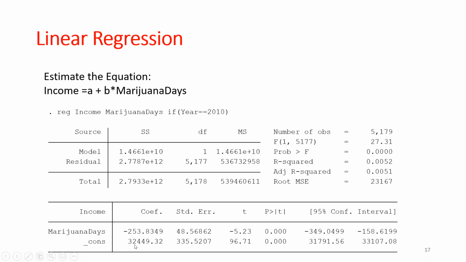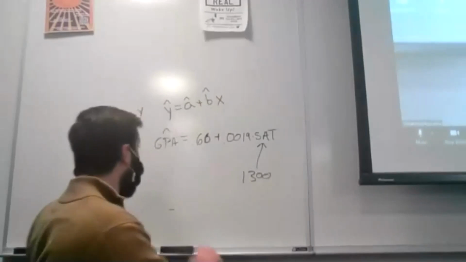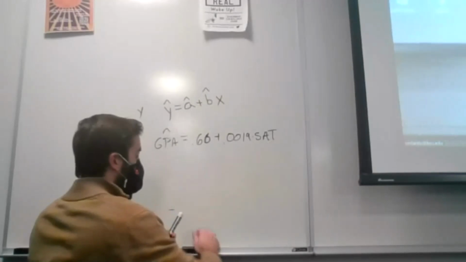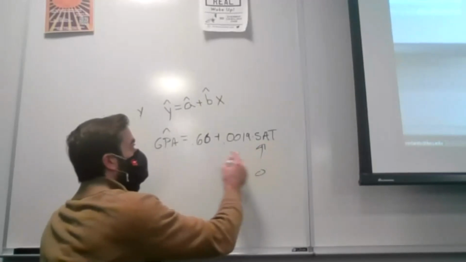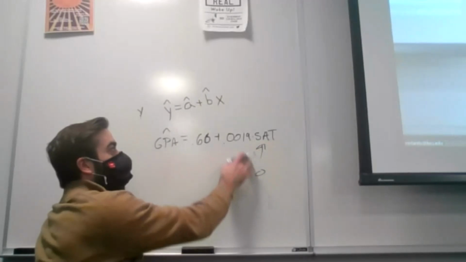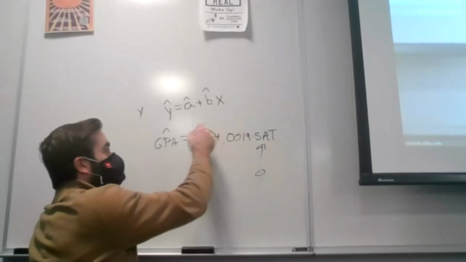The way we interpret the constant here is a little bit different, which is, how do I get my Y value to just be equal to the constant? Well, if I plug a 0 in here, what's the predicted Y value? Well, 0 times anything is 0, so just the intercept.